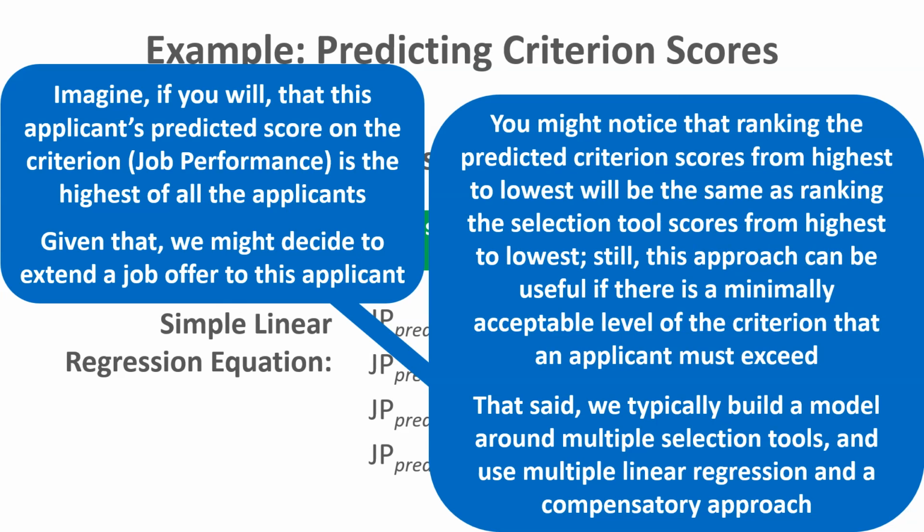And in applying this type of approach with a multiple linear regression model to predict future criterion scores, we're applying what's called a compensatory approach to making selection decisions, because each regression coefficient for each one of our selection tool variables and its relation with the criterion in that context can be used to weight the predicted criterion scores for each of our applicants.